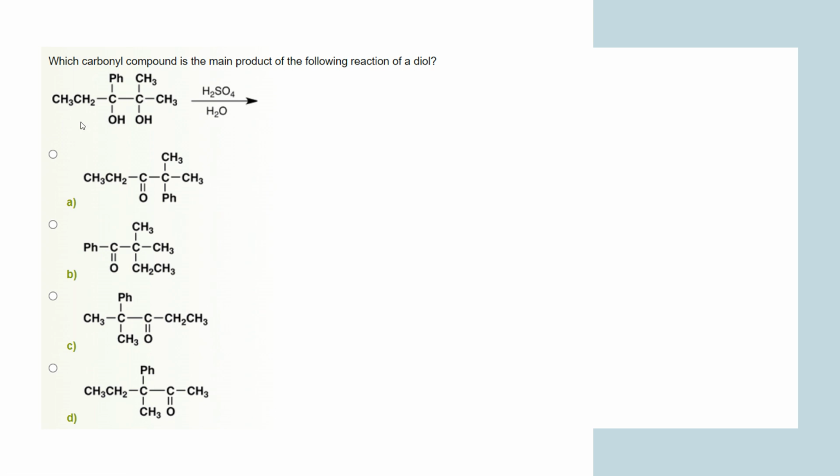And if we talk about the second possibility, if the second hydroxyl group leaves, then also we are going to get a tertiary carbocation where the carbon atom is linked to this ethyl group, this phenyl group, and this long alkyl chain you can imagine. So out of these two possible carbocations formed, which is more stable?